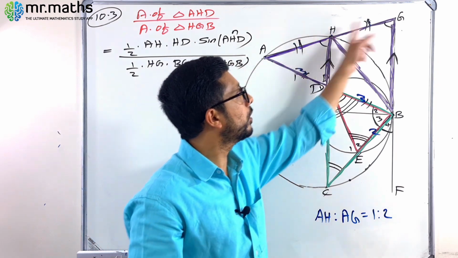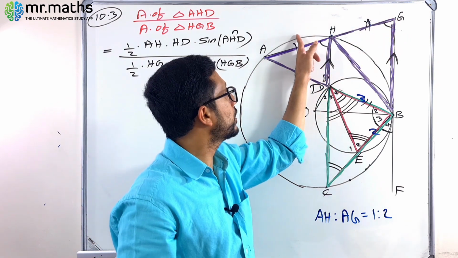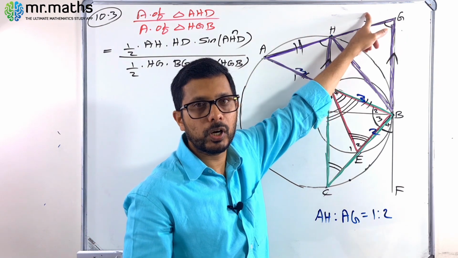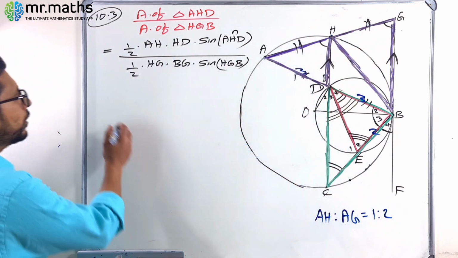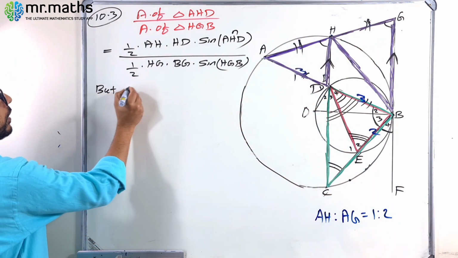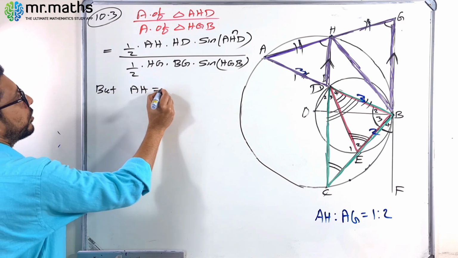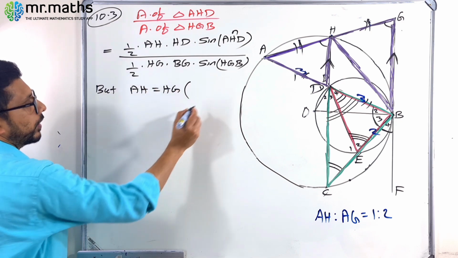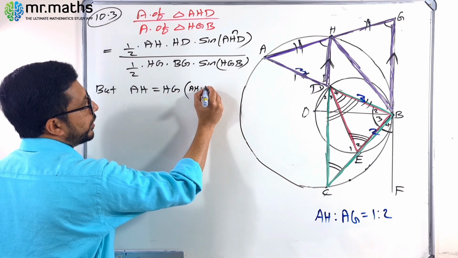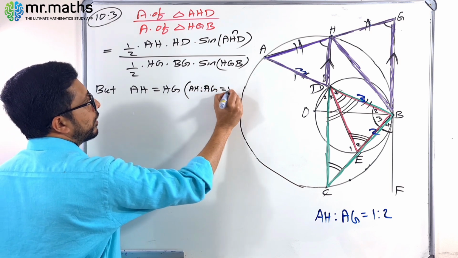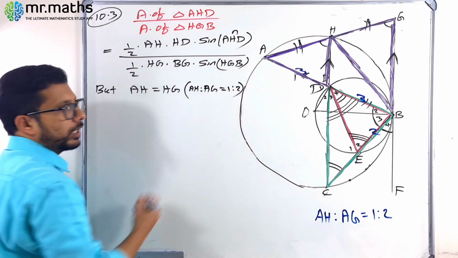So to get the full length as 2, if this one is 1, then this one also must be 1. So that is why we can say that AH is equal to HG. What is the reason? The ratio AH to AG is 1:2. It is given like that in the question.